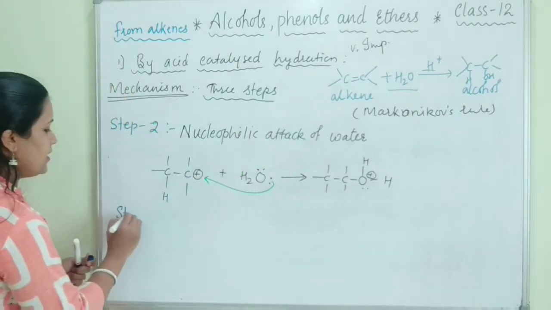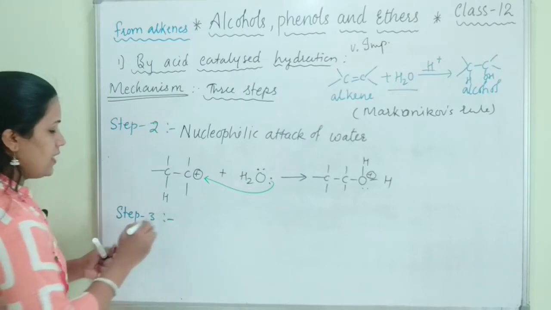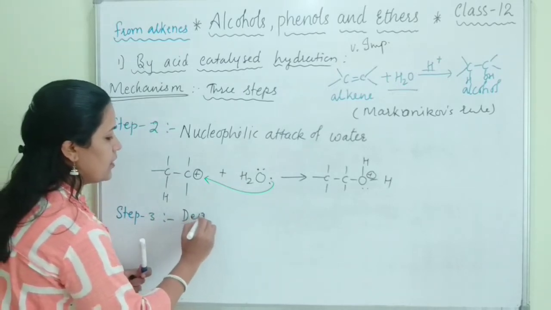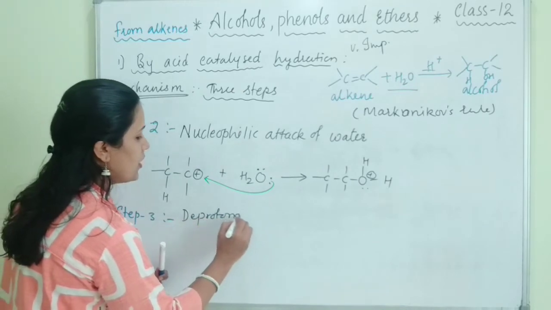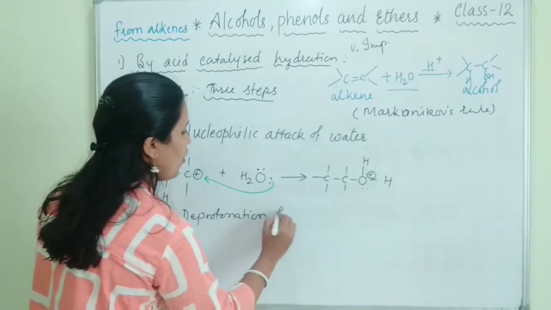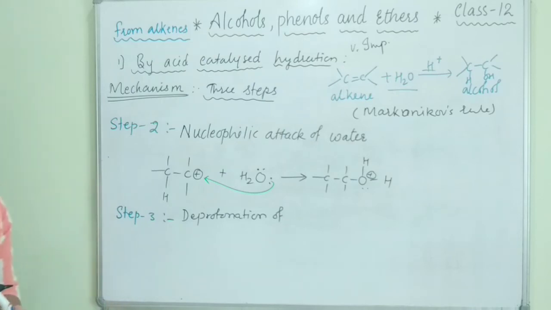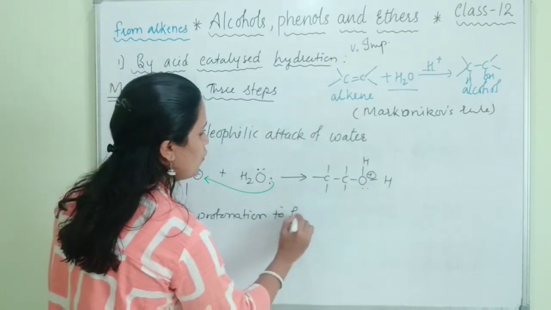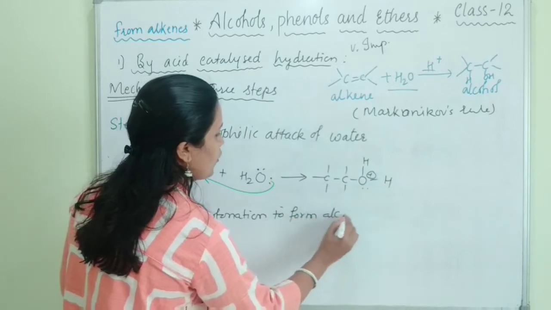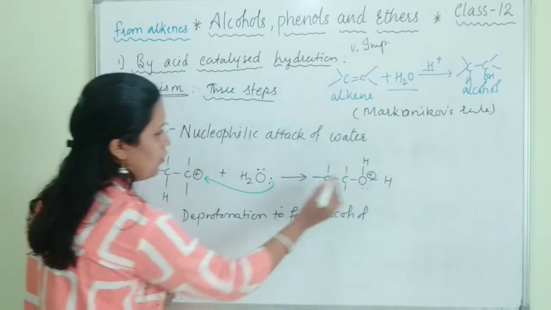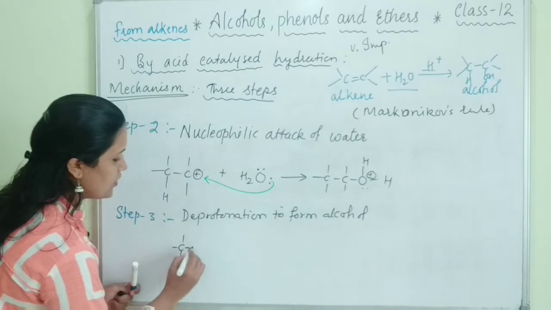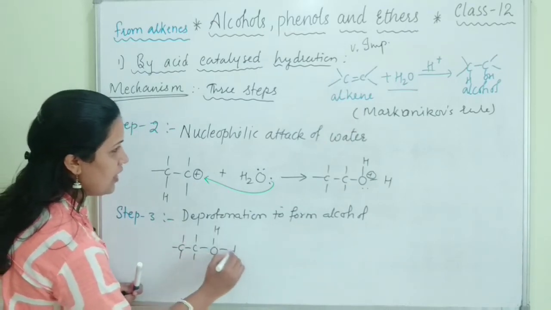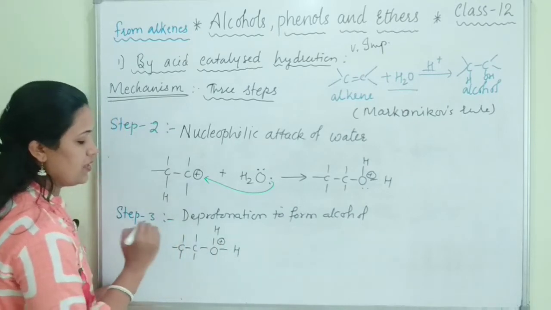Now see that in step 3, there would be deprotonation to form alcohol. How is deprotonation occurring? Let's understand. Okay, so see this one, H and H, and then it would be positive.